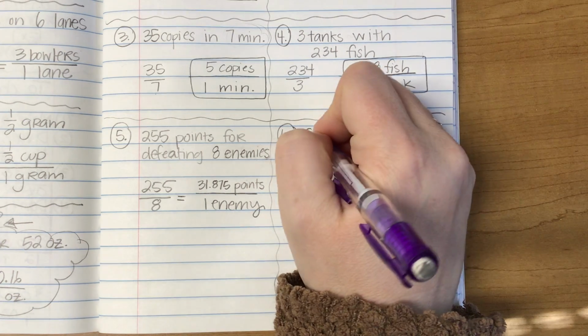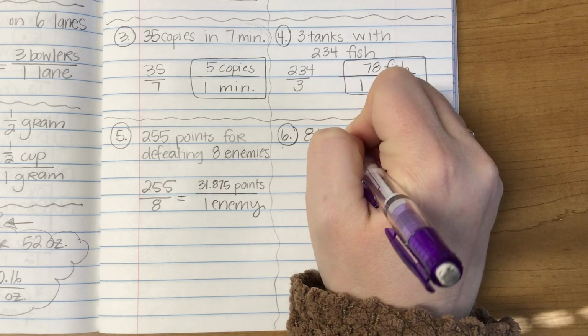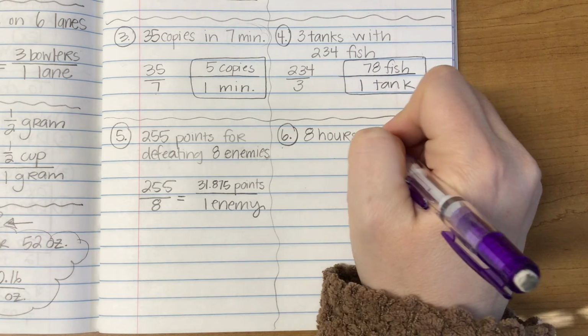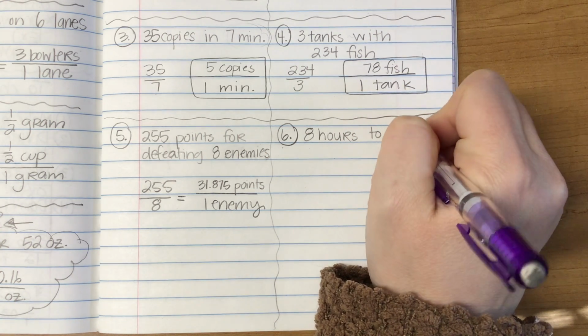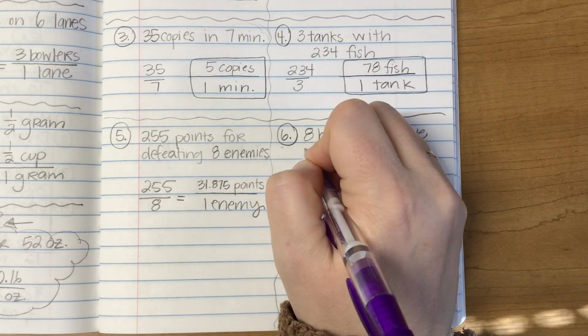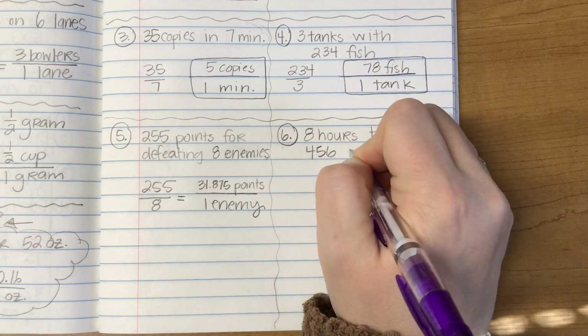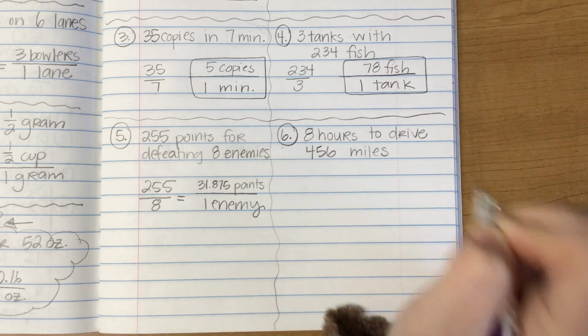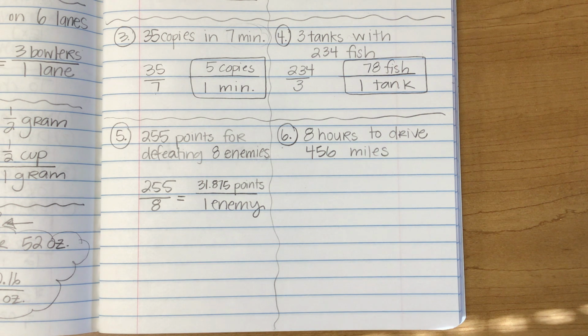All right, let's try 8 hours to drive 456 miles. I'm comparing hours, how long I'm in the car, to miles, how far I drove. What do we want our fraction to be?